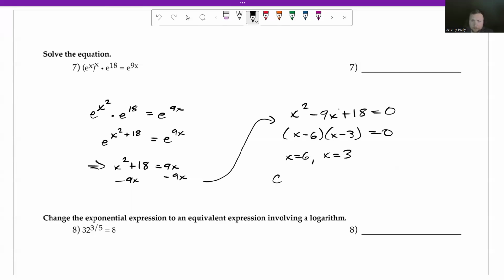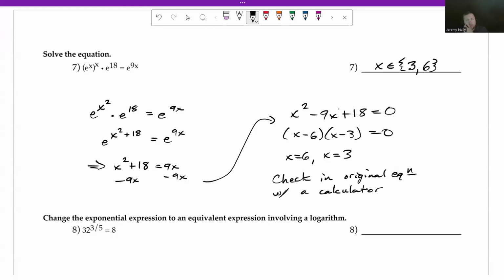You can check in the original equation with a calculator, or you can play around with it some other way. So my solutions are 3 and 6. Just those individual numbers, so I write them in curly braces.